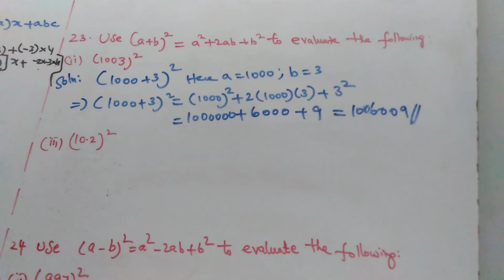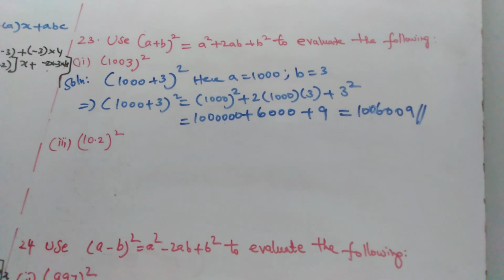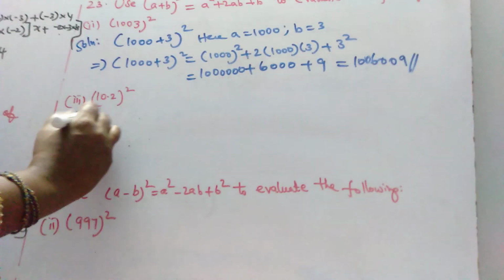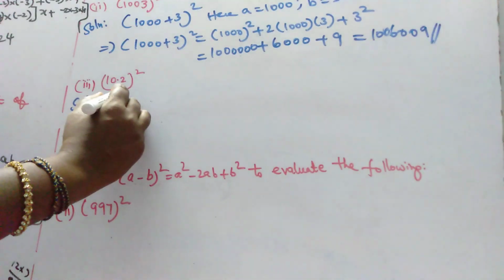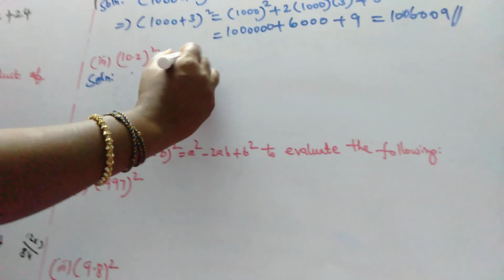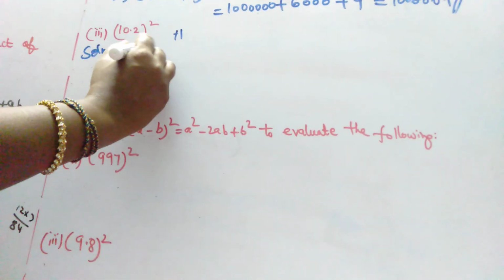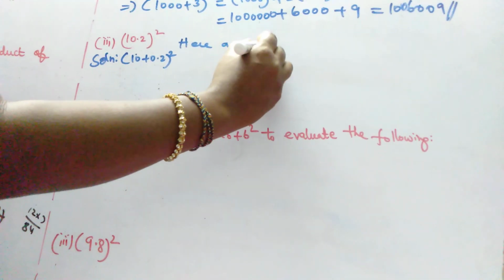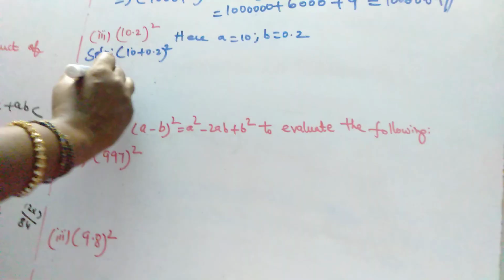Same way the next one we are going to do, which is 110.2 the whole square, right? Here this can be written as 10 plus 0.2 the whole square. Here a equals 10, b equals 0.2. Okay.